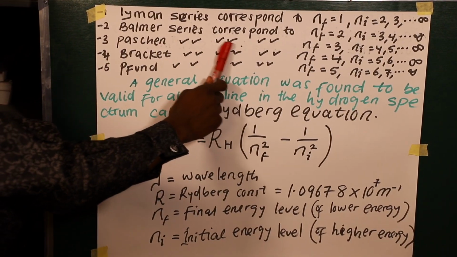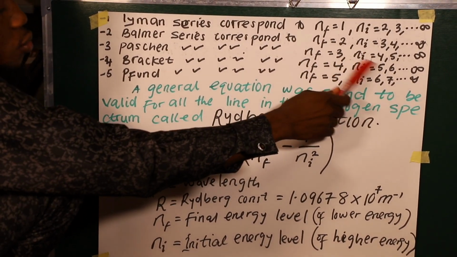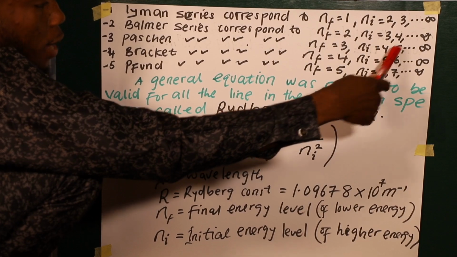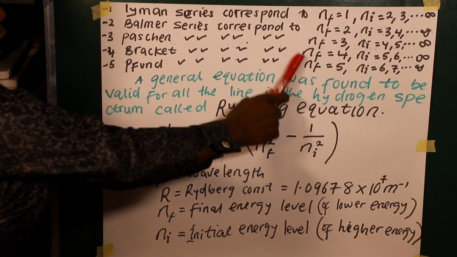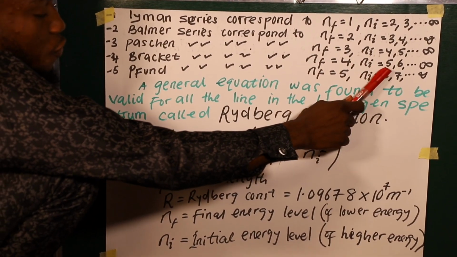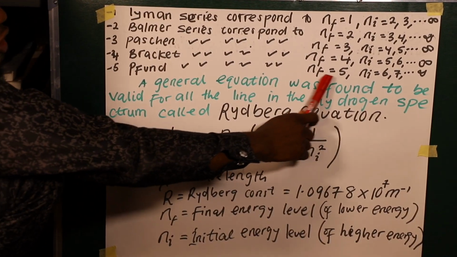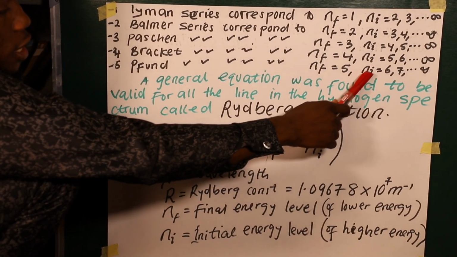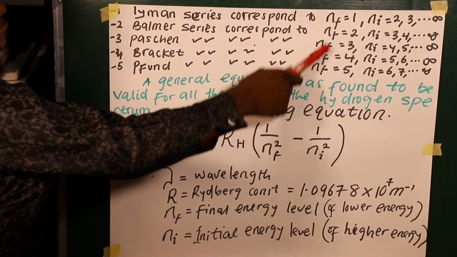Number 3, the Paschen series corresponds to n final equal to 3, and n initial may start from 4, 5 up to infinity. For Brackett, n final is equal to 4, and n initial may start from 5, 6 to infinity. For Pfund, n final corresponds to 5 and n initial may start from 6, 7 up to infinity.